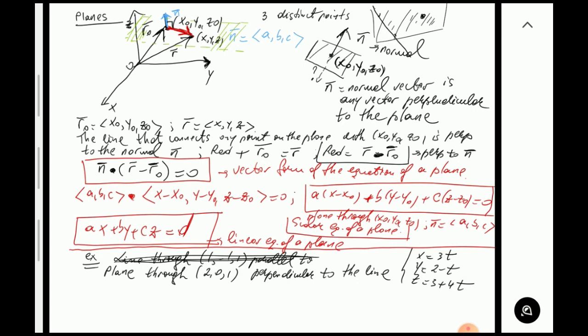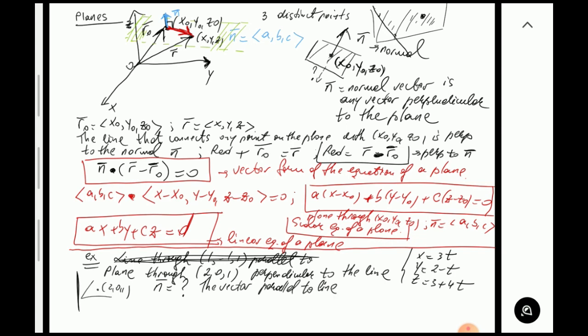All right, so notice that in this case, the point is given, 2, 0, 1, the line is given, right? Given by these parametric equations. And I want the line to be perpendicular to the plane, right? To the plane that goes through the point 2, 0, 1. So what could be the normal to the plane? Well, the normal is going to be the vector parallel to the line.